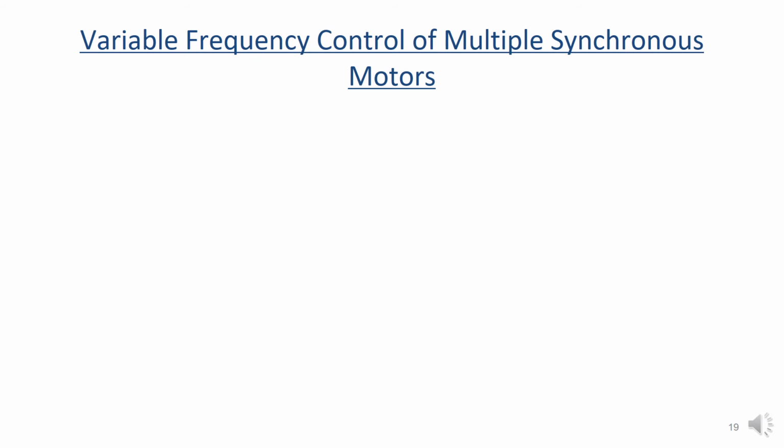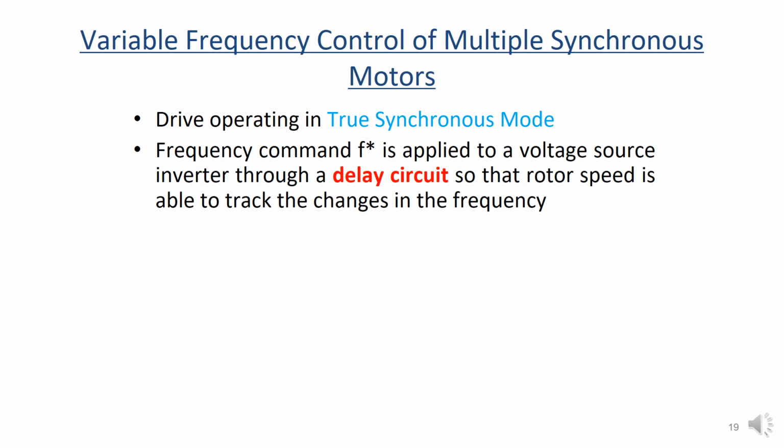Let us see the control of multiple synchronous motors. Here the drives are operated in true synchronous mode. So here a frequency command F star is applied to a voltage source inverter through a delay element so that rotor speed is able to track changes in the frequency. The basic block diagram of this is kept in the next slide.